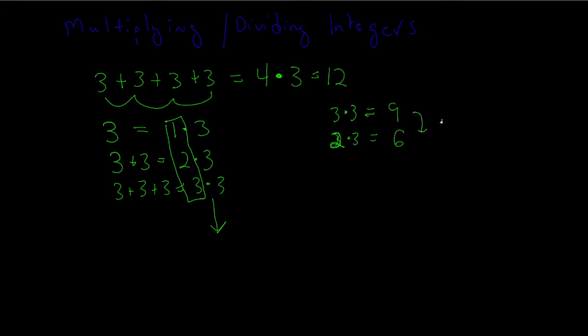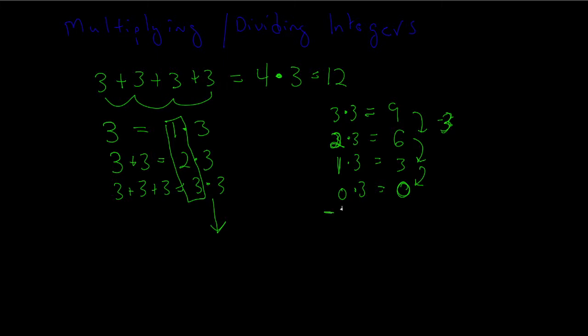I've subtracted 3 from these, right? So if I undo a multiplication, but I do it by the additions, I start subtracting downwards. So 1 times 3 is 3. I've subtracted 3 down to here. 0 times 3 is 0. Subtracted 3 to get down to here.